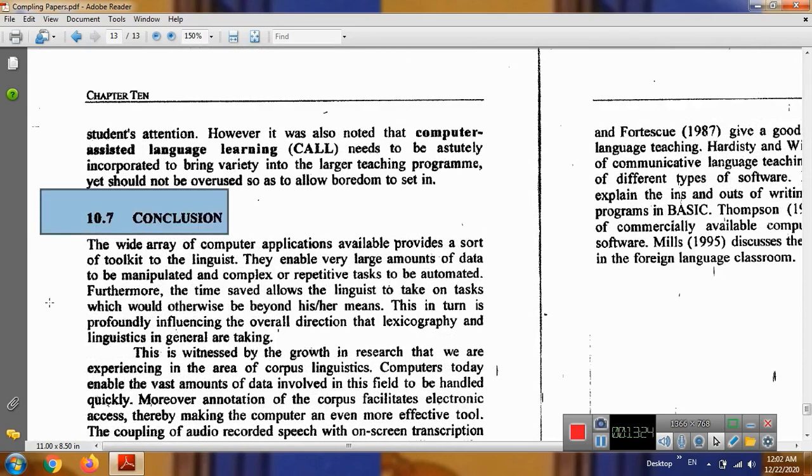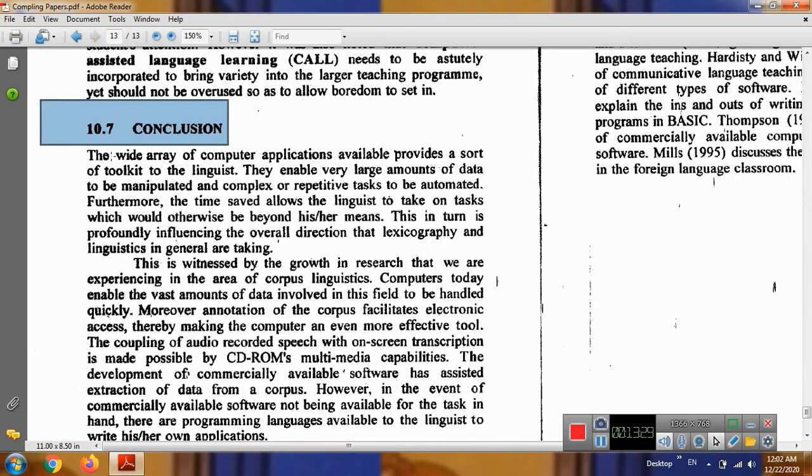Conclusion. In this part we summarize all parts of this article. The wide array of computer applications available provides a sort of toolkit to the linguist. They enable a very large amount of data to be manipulated and complex or repetitive tasks to be automated. Furthermore, the time saved allows the linguist to take on tasks which would otherwise be beyond his or her means.